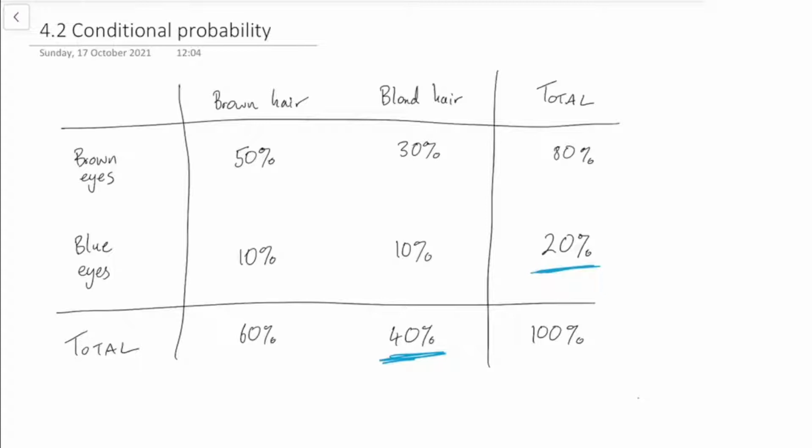If these were independent, if they had nothing to do with each other, then the number of people with both blonde hair and blue eyes would be 8%, 20% of 40%. But in fact, we see that 10% of people have both blonde hair and blue eyes. So this shows that in this case, they're not independent, because the probability of blonde hair and blue eyes isn't probability blonde hair times probability blue eyes.